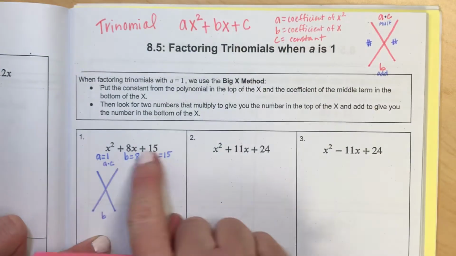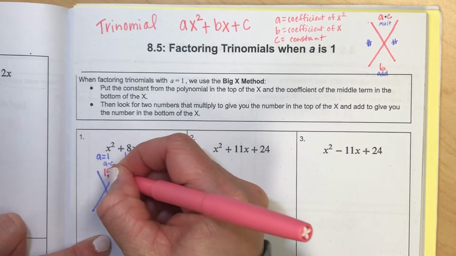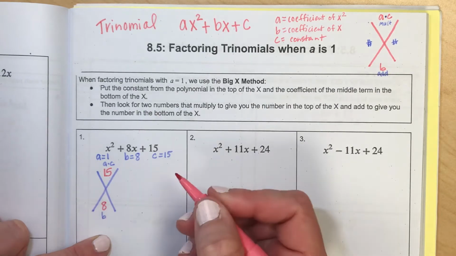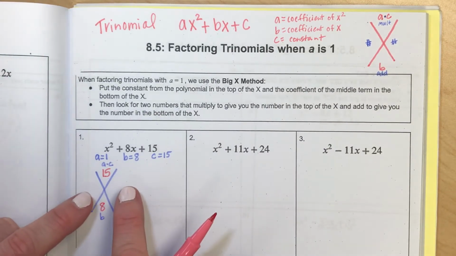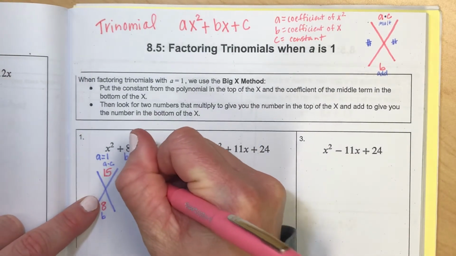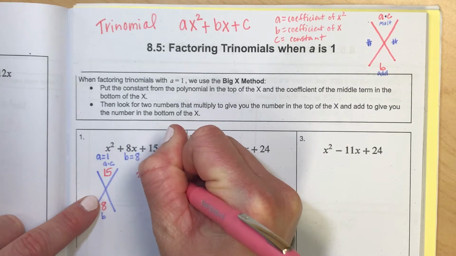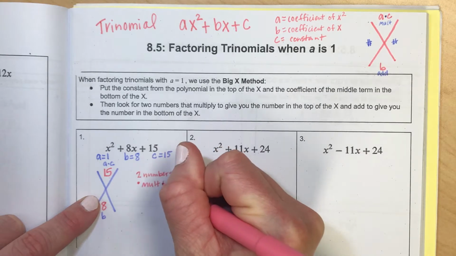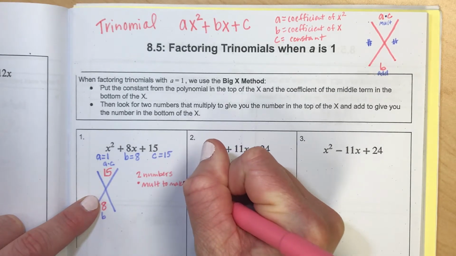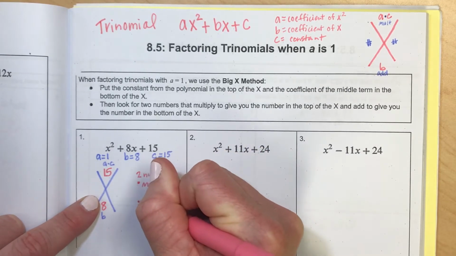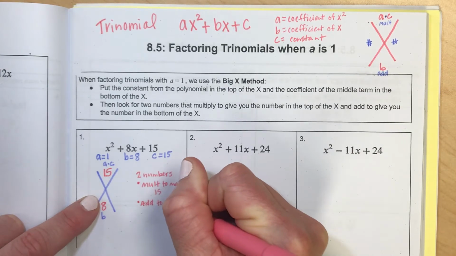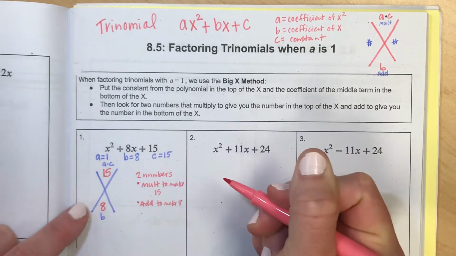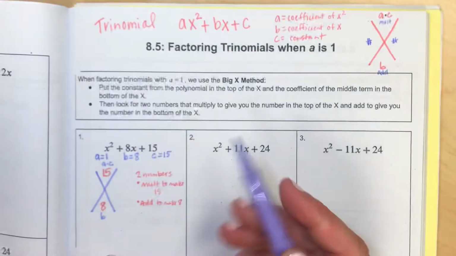Well, 1 times 15 is 15, and 8 goes at the bottom. So now our goal is to find two numbers that at the same time multiply to make 15 and add to make 8. Can you think of what those two numbers will be?